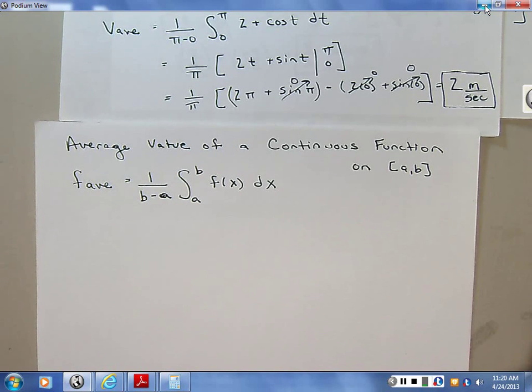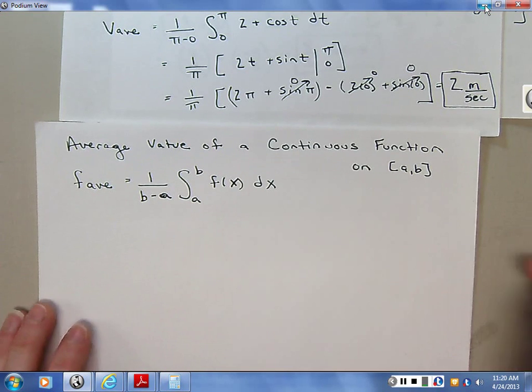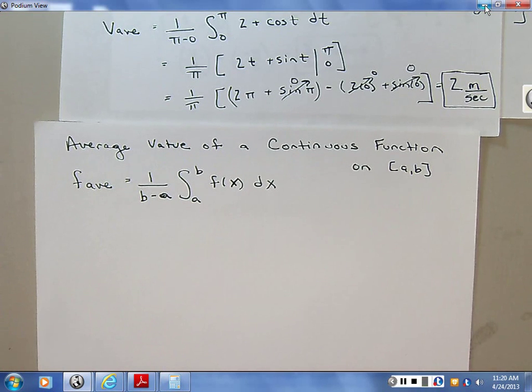Question? When you talked about velocity, you integrate and get back to your position function, and it's position over a certain amount of time to give you your average. Yes. So in order to do the acceleration, do you have to integrate to get back to your position function? The average acceleration is the change in velocity over time.